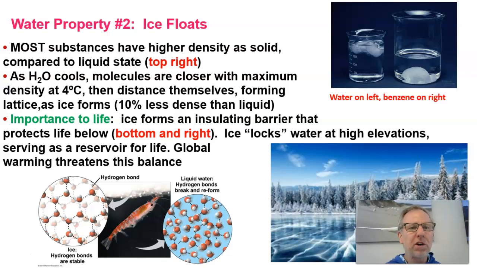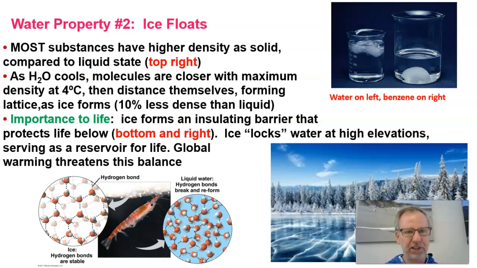So now as water cools, like other substances, the molecules get closer together because they have less energy. Because they have less energy, they're not moving as fast, and so they're basically closing in on each other and the water's getting more dense. And water has a maximum density at 4 degrees Celsius.